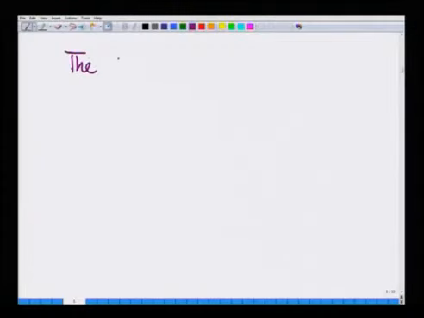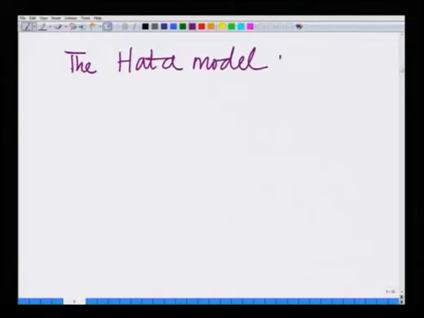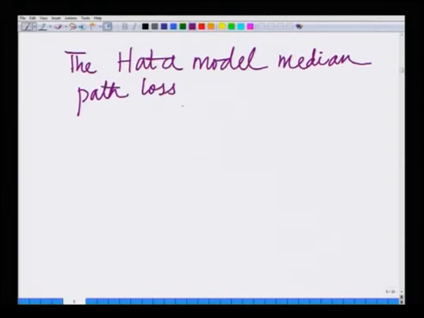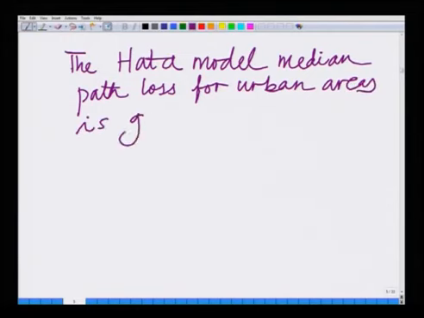The Hata model median path loss for urban areas is given as the median path loss, again similar to what we had in the Okumura model.